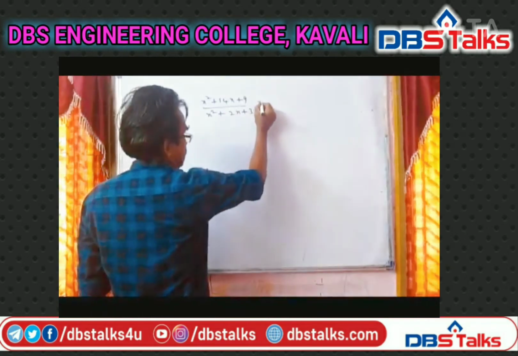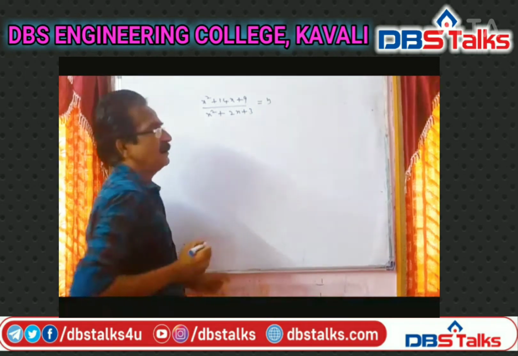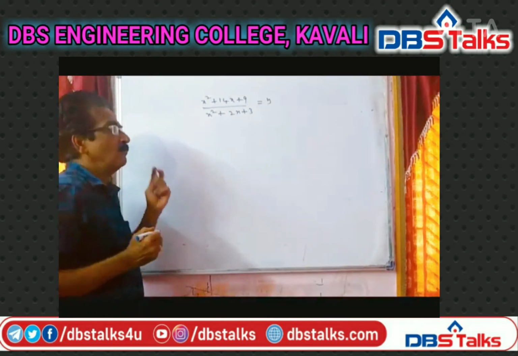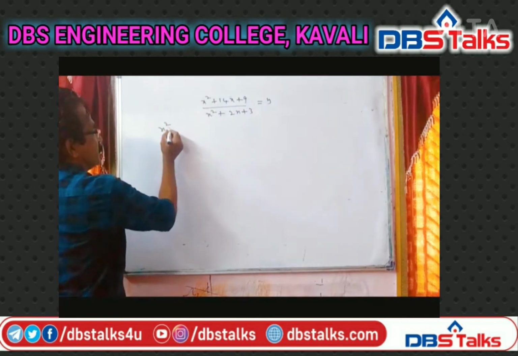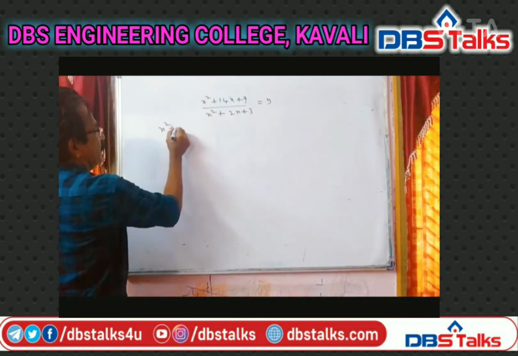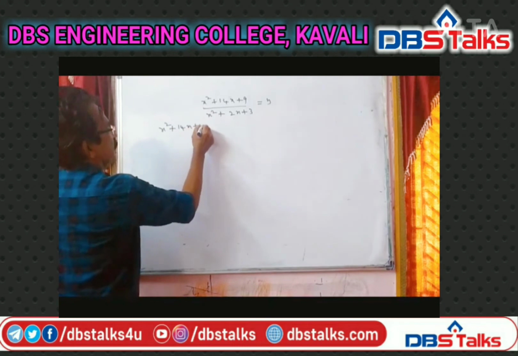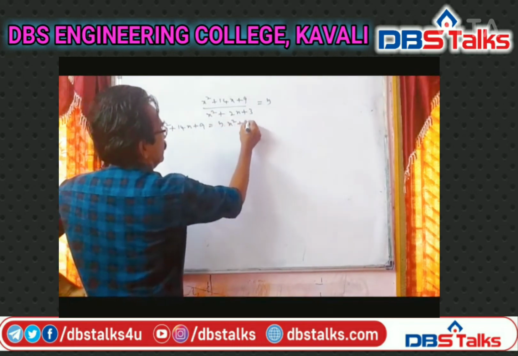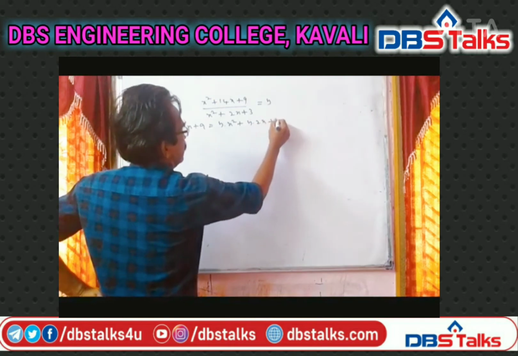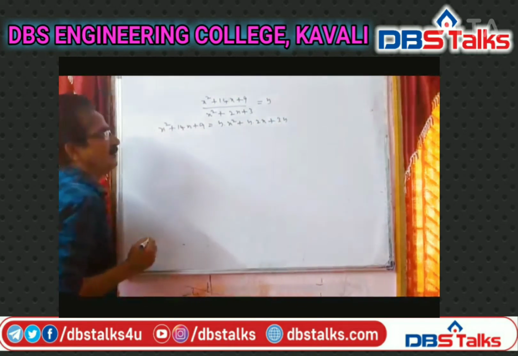So, say this is equal to y. This implies x^2 plus 14x plus 9 is equal to y into x^2 plus y into 2x plus 3y. Right, friends?